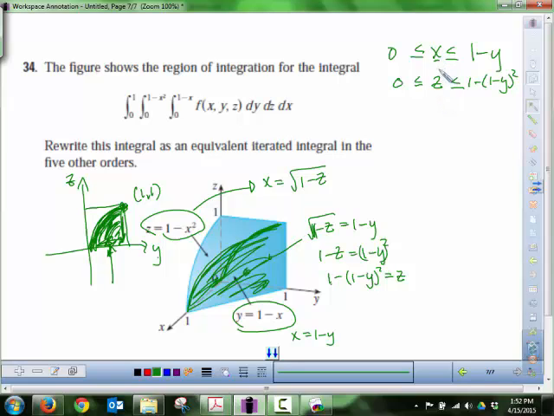Your x, your z, and then your y limits go from where to where? Constants, 0 to 1. This z? Because I need to figure out what this is in the yz plane in 2 dimensions.